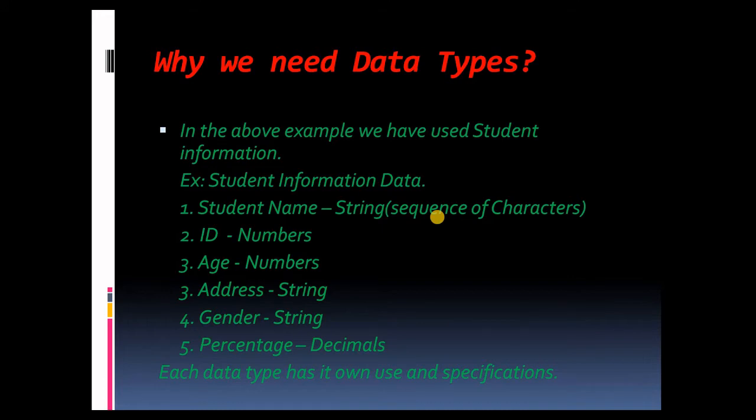Address is a collection of both numerics and alphabetics, so I can say it is a string. Gender is male or female, and percentage would come as decimal points. So we cannot have one single data type to hold all the information. That is where we have different data types in C language.